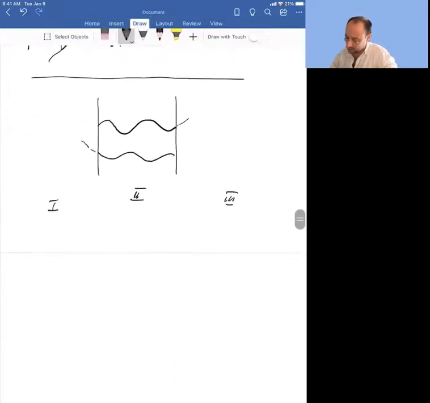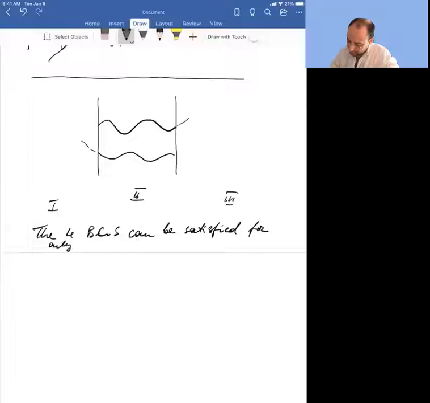So let me write down that the four boundary conditions can be satisfied only for very specific values of k or kL, x being kL. So specific values of k also means specific values of kL.